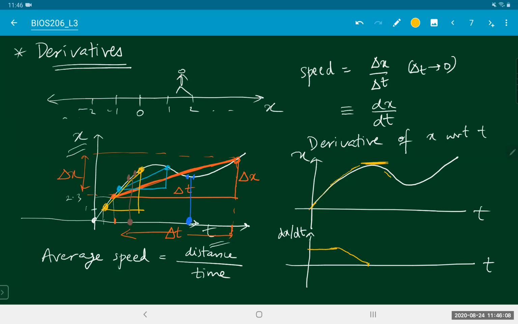Then in this region, you will notice that x is actually decreasing with respect to t. As time goes by, the value of x is going down, which means that the rate at which it is changing is becoming negative. At this point, again, x as a function of time has become flat. It is not changing over here. So the derivative becomes 0.